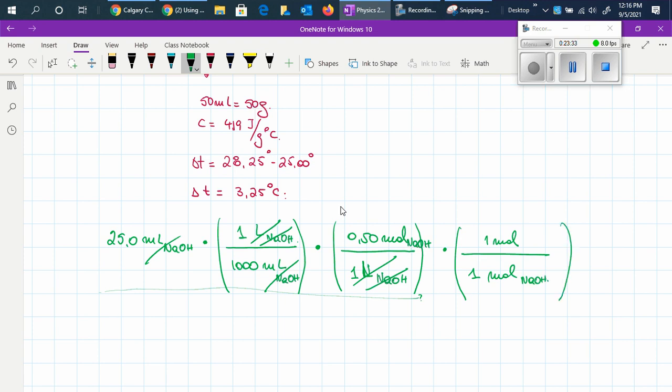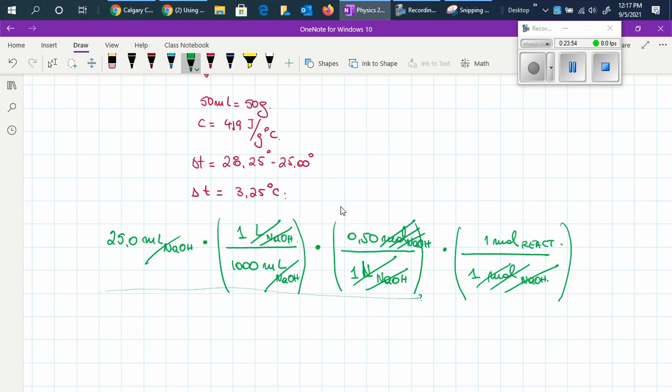But if it is a different one, like in the case of, let's say, sulfuric acid reacting with sodium hydroxide, then those will not be the same. So this will be for the reaction.